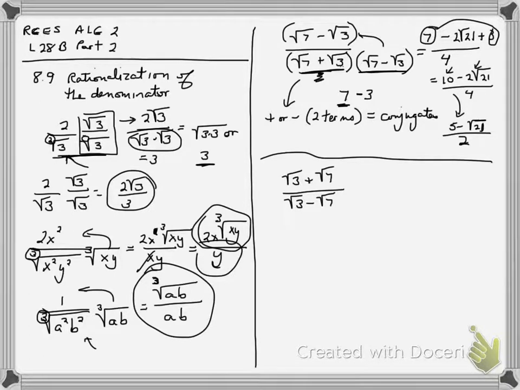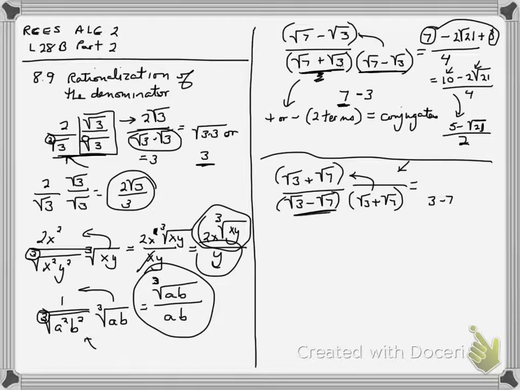In the denominator, I'm going to multiply by the conjugate. So, of course, I'll have to do it up here also. Right? I could rewrite it here, but I just don't want to. Okay? So my new denominator will be, watch, 3 minus 7. Middle terms drop out. That's all you have to do.